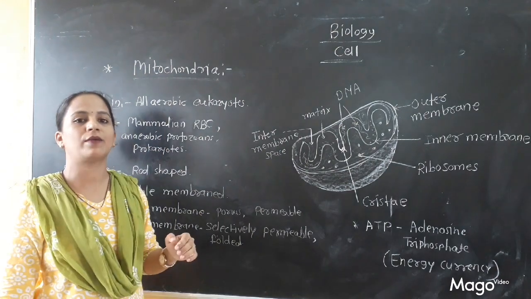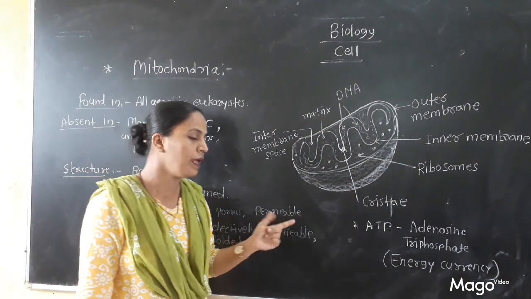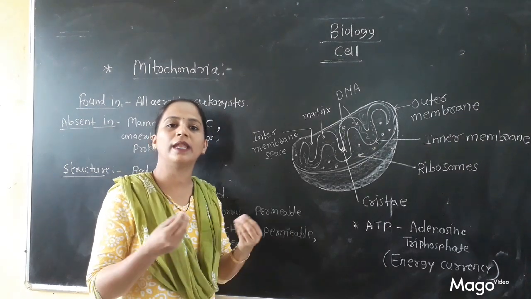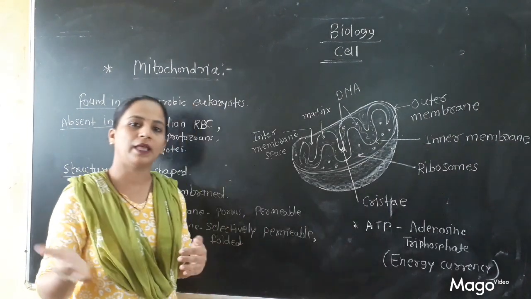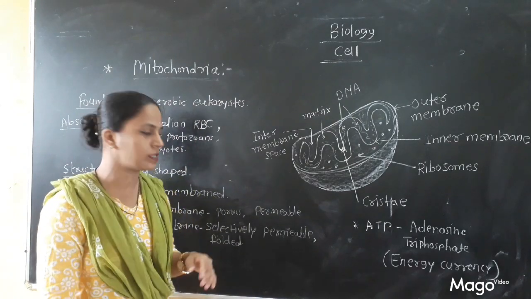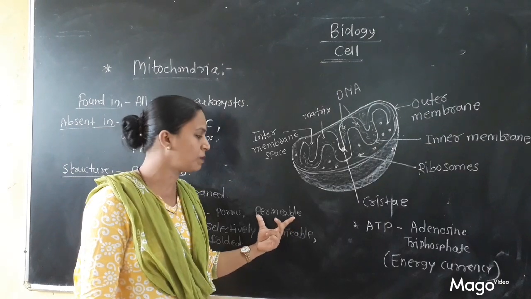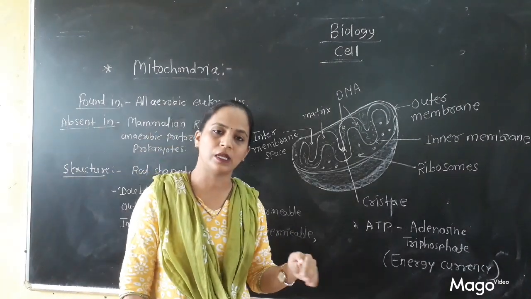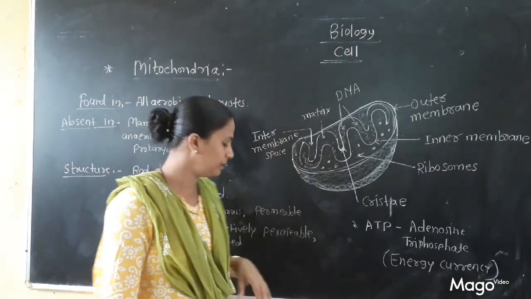That point also we have discussed in my previous video lecture. What is meant by a permeable membrane? Permeable means it allows any substance, whether useful or harmful, to enter the cell. So the outer membrane is porous and permeable, meaning it gives permission to any substance, whether useful or harmful to that cell.